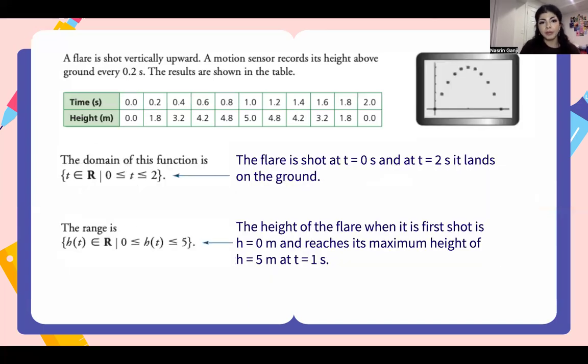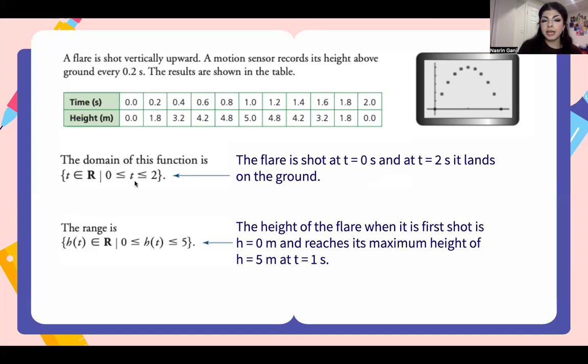Let's look over here. As we said, it's a set, so we do need our set symbol there. And t is included in the set of real numbers. But as we mentioned, we have a restriction based on the problem here, which is the height of the flare in the air.